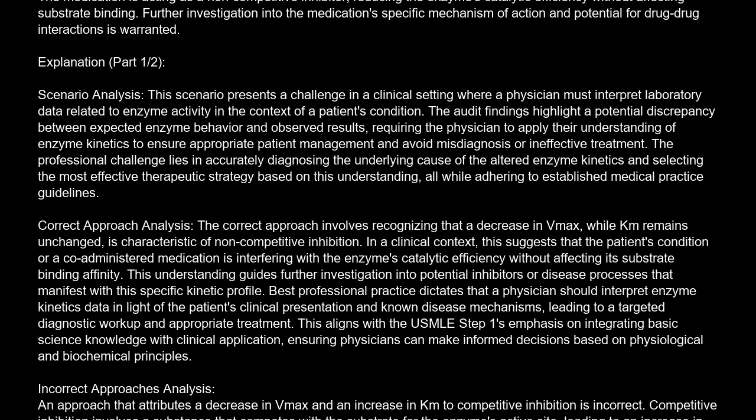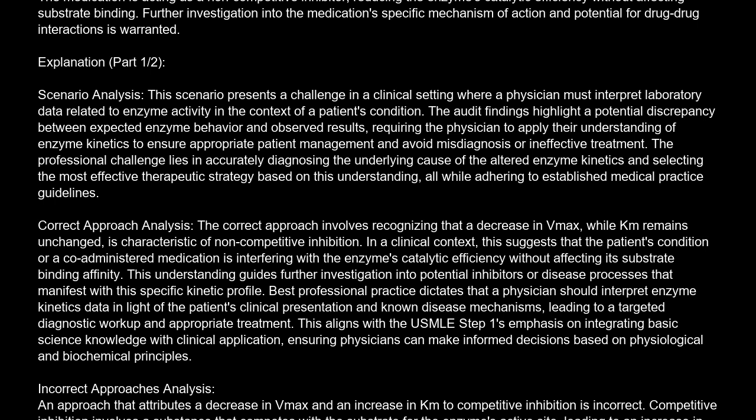The professional challenge lies in accurately diagnosing the underlying cause of the altered enzyme kinetics and selecting the most effective therapeutic strategy based on this understanding, all while adhering to established medical practice guidelines. Correct approach analysis. The correct approach involves recognizing that a decrease in Vmax, while Km remains unchanged, is characteristic of non-competitive inhibition.